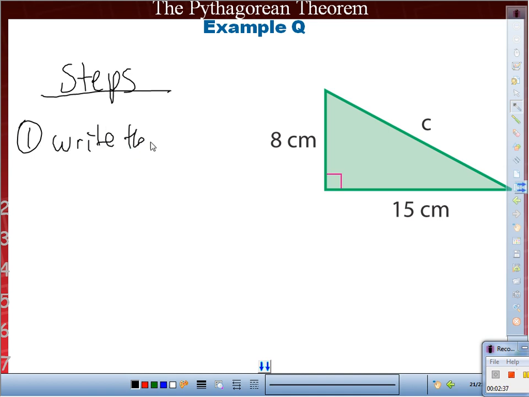Write the Pythagorean Theorem. Okay, so picture that. We wrote it. And I said, now that we have it written down and you have that problem, what would be our step 2? Tell your neighbor, step 2 would be what?